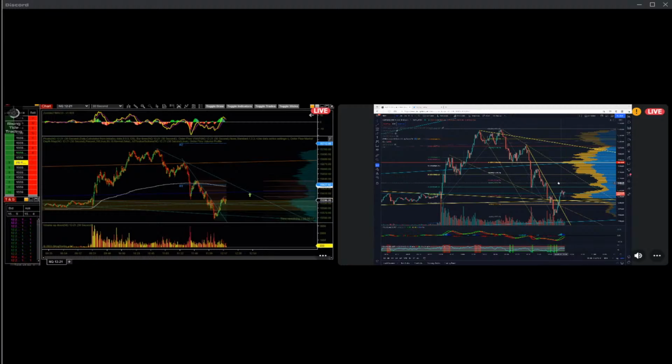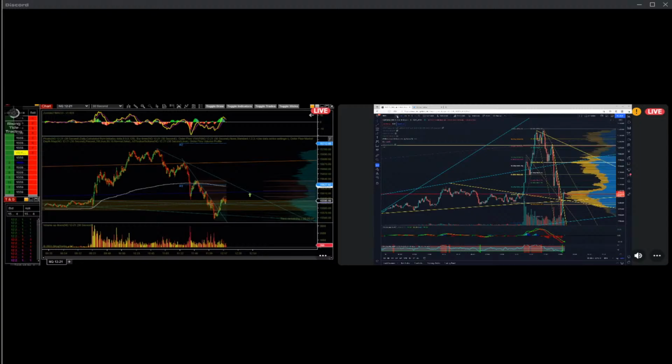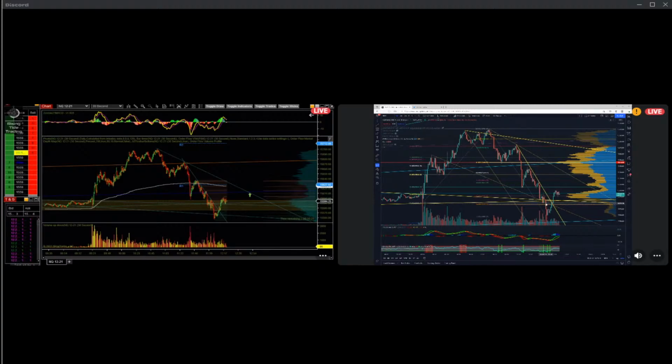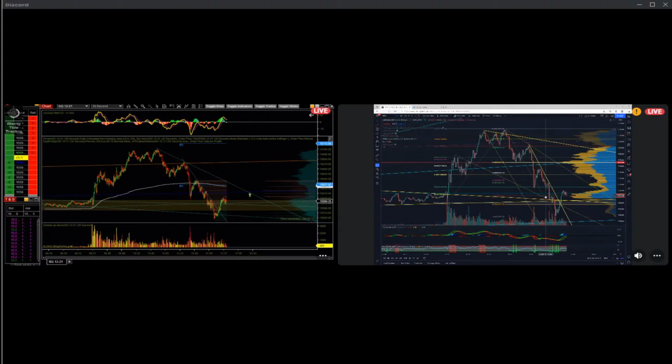I'm feeling a little anxiety, so I'm going to end this trade and quit for today. I don't know why I'm feeling like that. This could be the B point in making this C leg down.